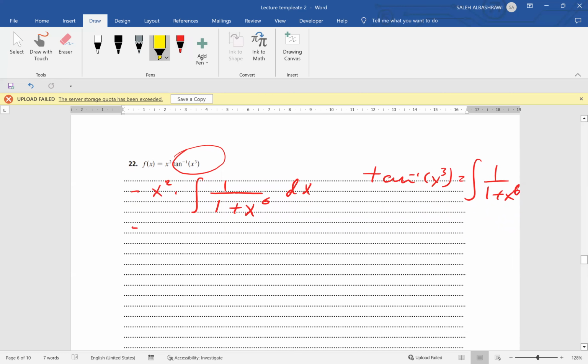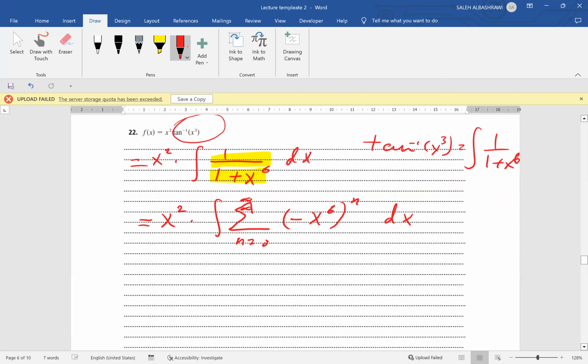Now 1 over 1 plus x to the power 6 can be written as a power series. This is equal to x squared multiplied by the integration of sigma, minus x to the power 6 all to the power n dx, where n starts from 0 to infinity.